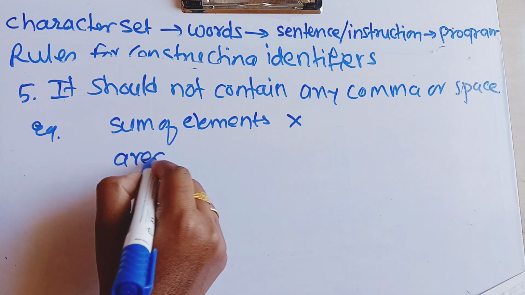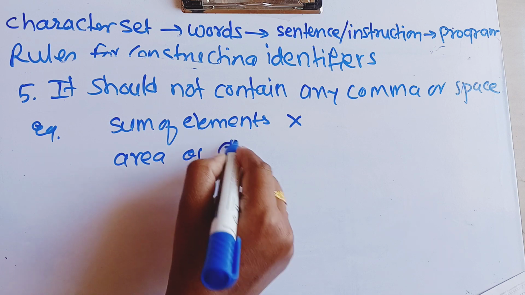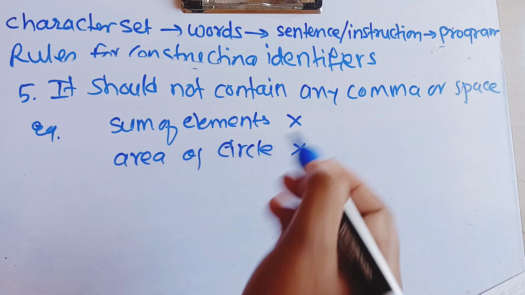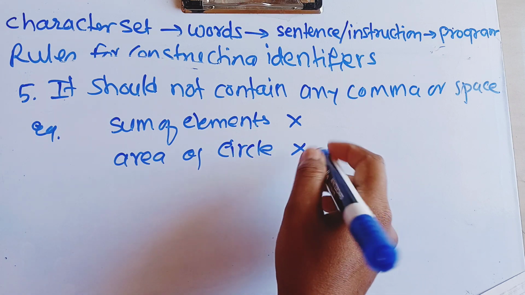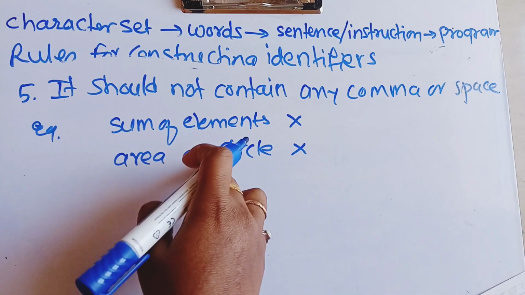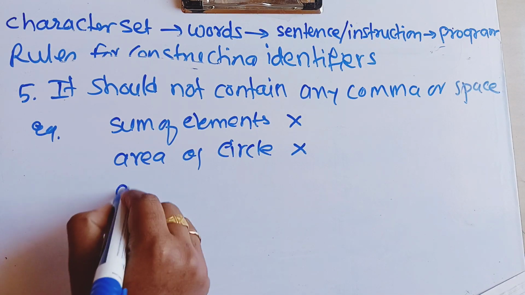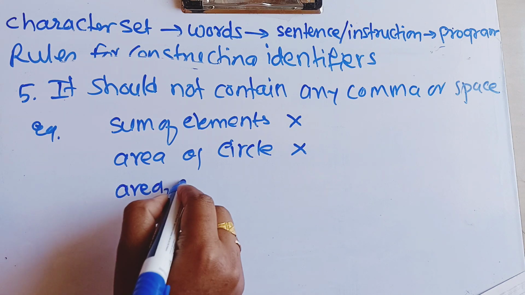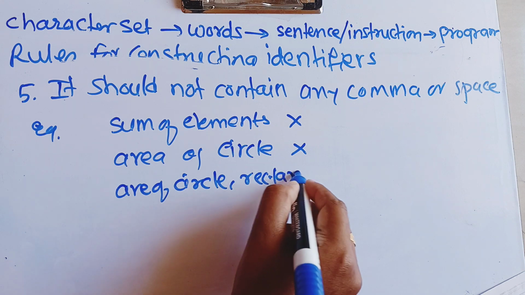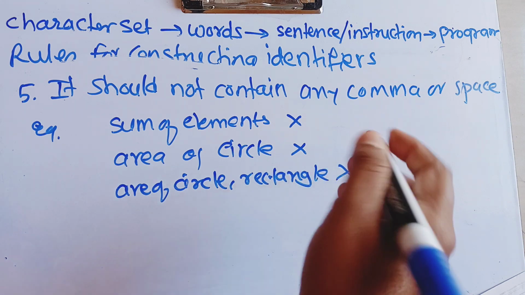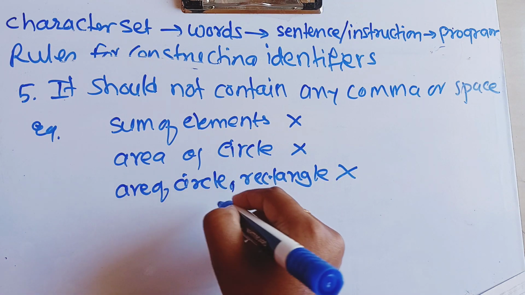Area of circle is also not a valid identifier because it has spaces in between. Area of circle comma rectangle is also not valid because it has a comma in between.